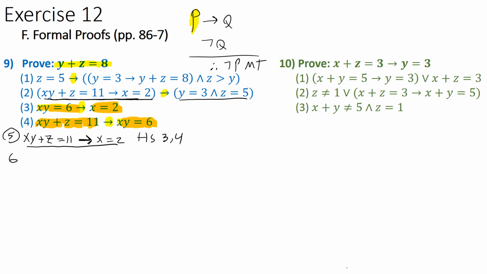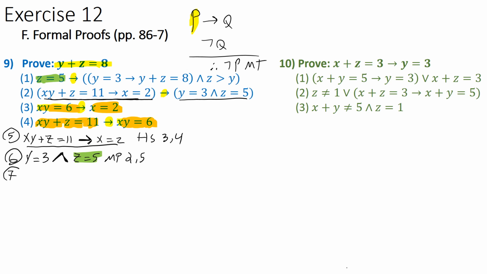So for line 6, we can say y is equal to 3 and z is equal to 5 by modus ponens with lines 2 and 5. We have the z is equal to 5, and it appears as the antecedent to a conditional.